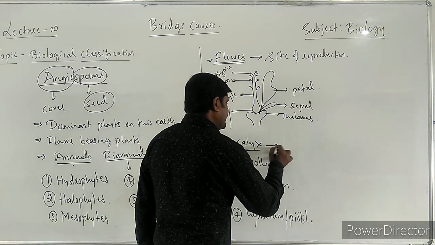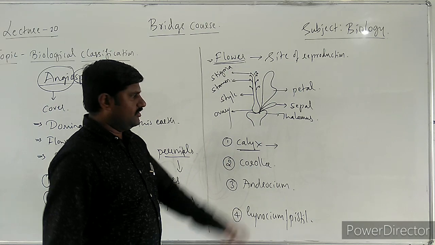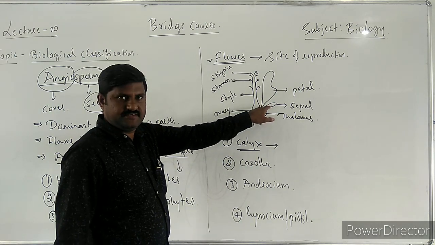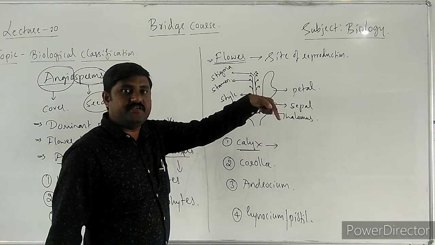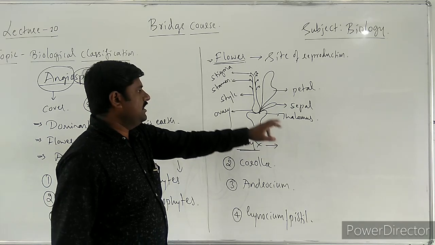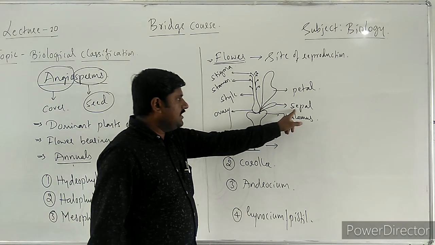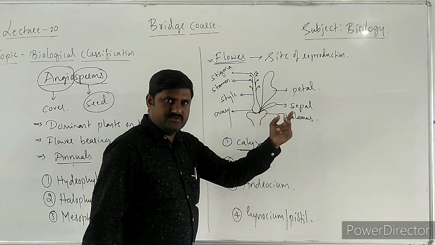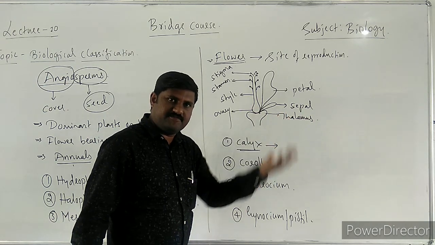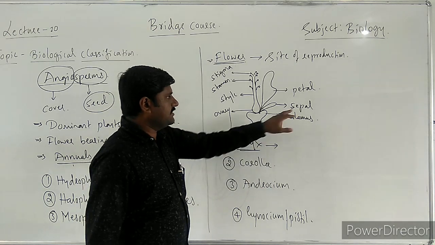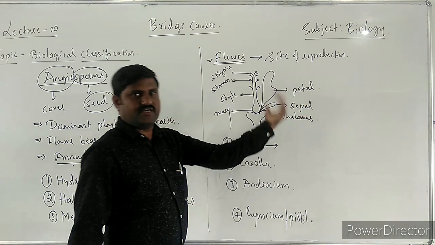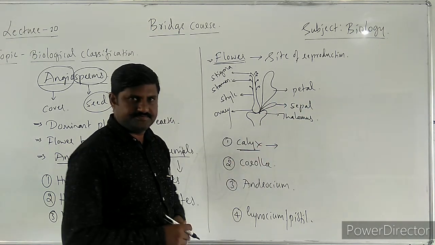Calyx, what does it include? In a flower at the base there are some green and leafy structures that we come across, and those are called what? Sepals. These sepals all together, usually they are 5 in number, or more than 5, right? So sepals all together form what? Calyx.